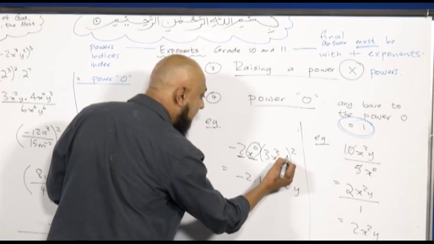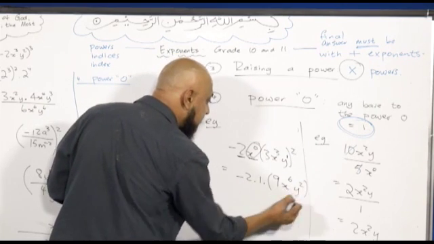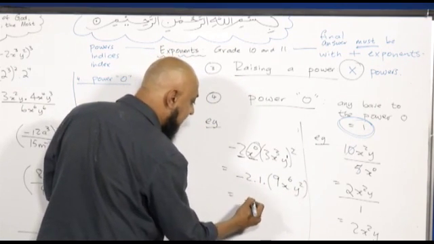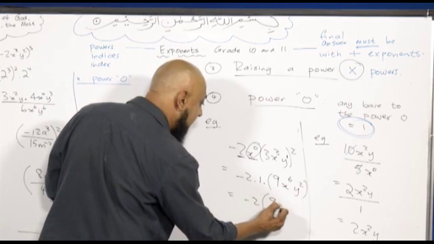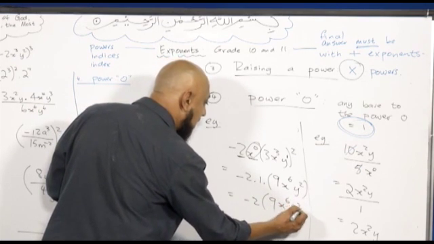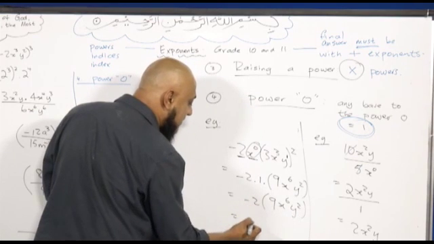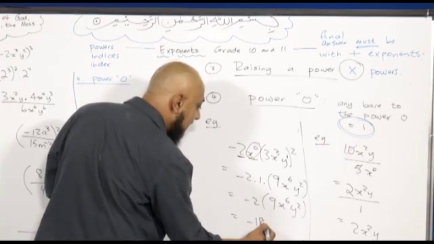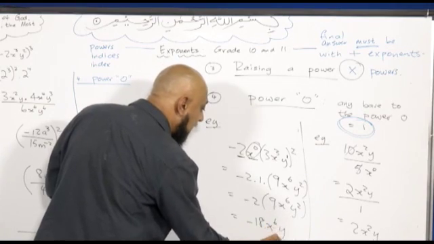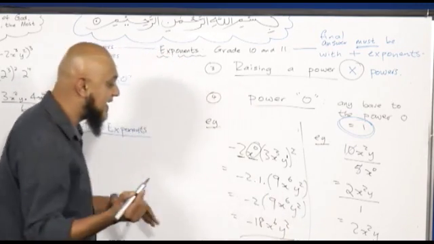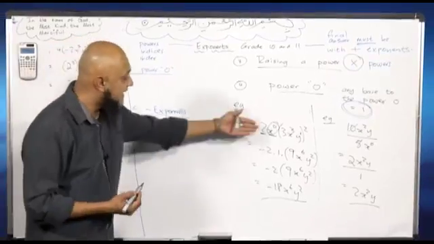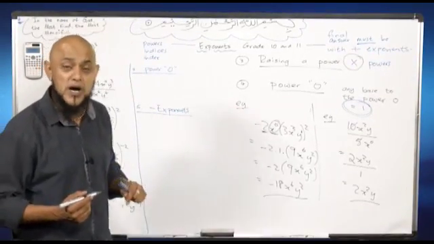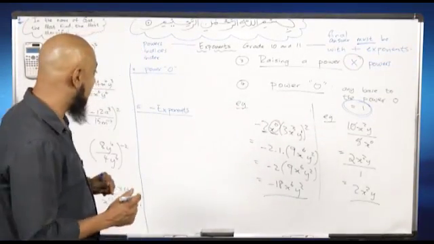Y to the power 1, there's a 1 there, 1 times 2 is 2. Now, minus 2 times 1 is still minus 2 into 9, x to the power 6, y squared. Negative times a positive is a negative. 2 times 9 is 18, x to the power 6, y to the power 2. And there we go, guys. That is our final solution. And that's how we deal with the power 0 in an expression.